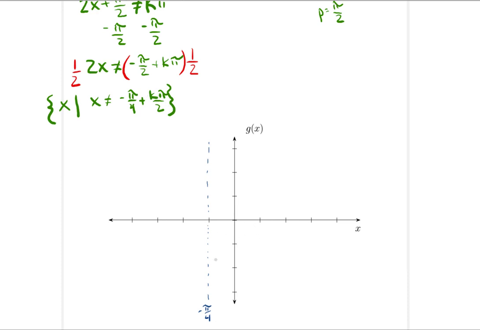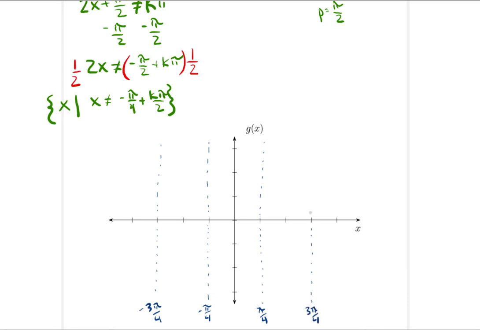So negative pi over 4 plus pi over 2 is pi over 4. Right? And then minus pi over 2 is negative 3 pi over 4. And by the way, all this addition and subtraction of fractions I'm doing in my head here. Don't be afraid to write that out, right?